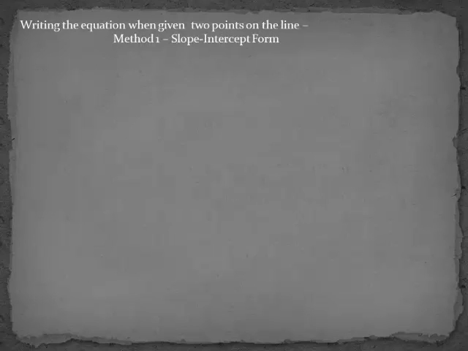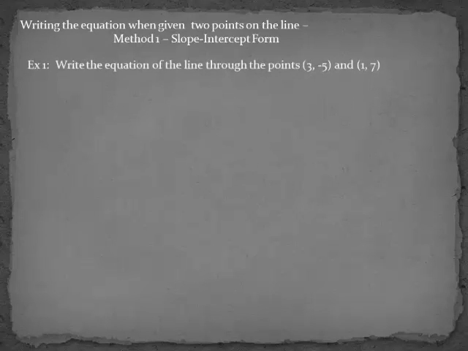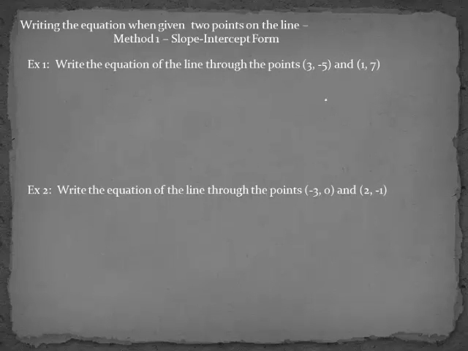Sometimes we're given 2 points on the line instead of the slope, like this. So the first thing we need to do is find the slope, and then we pick one point to find the equation.